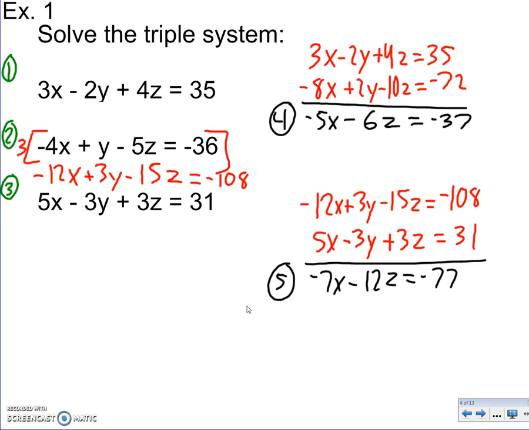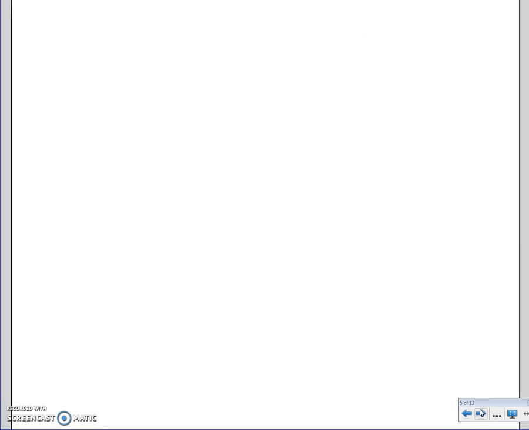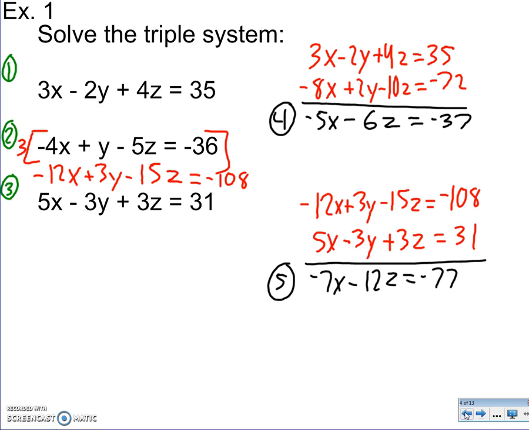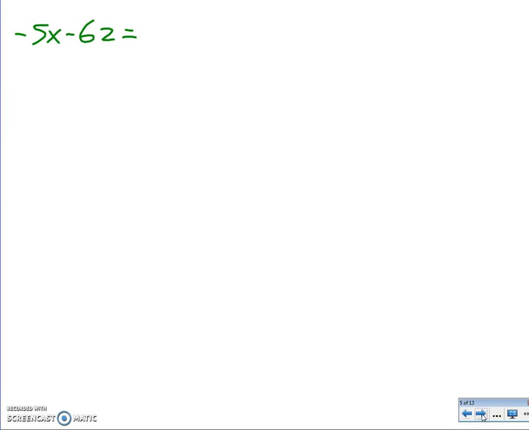So I'm going to figure out what letter to get rid of next. I'm going to get rid of z because I see 6 and 12. And I can multiply 6 by 2 to get 12. So let me go to this next slide. So equation 4 was negative 5x minus 6z equals negative 37.